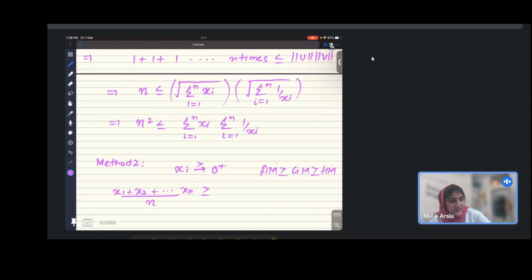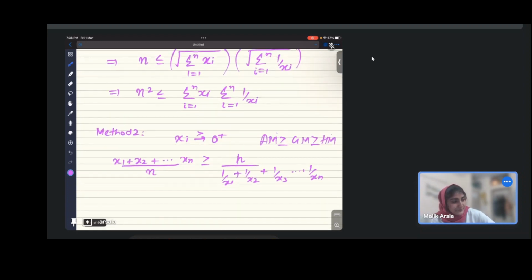Arithmetic mean is this thing, and harmonic mean will be what? n upon 1 upon x1 plus 1 upon x2 plus 1 upon x3, and so on up to 1 upon xn. This is how we write a harmonic mean for a positive series.